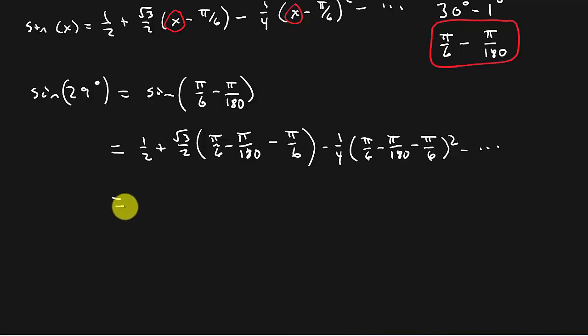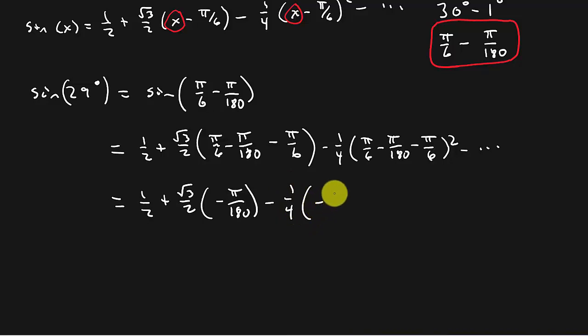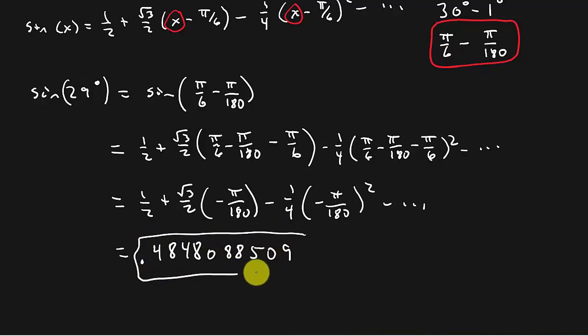All right, and so that's going to give us 1/2 plus square root of 3 over 2 times negative pi over 180 minus 1/4 times negative pi over 180 squared. All right, minus ... And so when you punch that into your calculator, you get 0.4848088509.